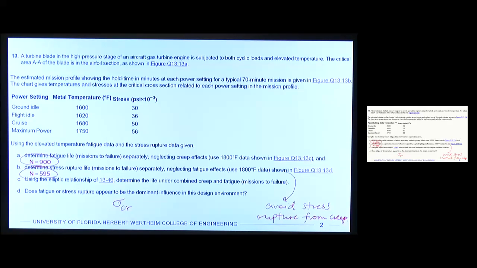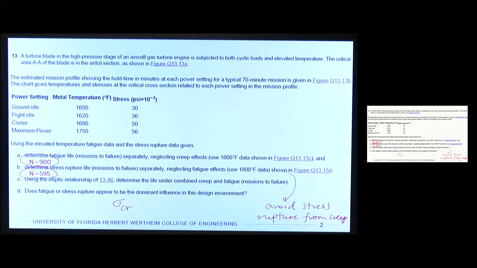At high temperatures, such as the ones in this problem, we determined that the elliptic relationship might be a little more accurate. So part C says, using the elliptic relationship, determine the life under combined creep and fatigue. We are going to do that.